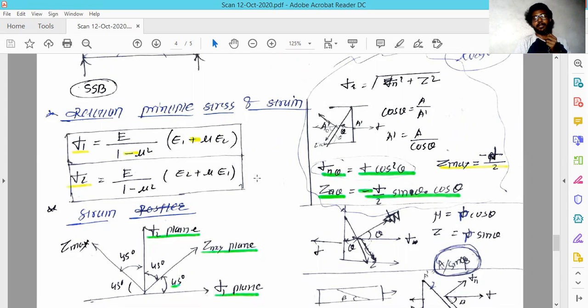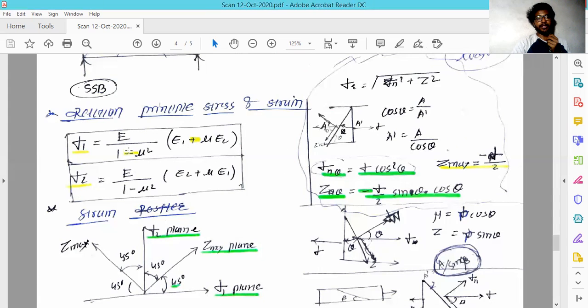From the strain we are going to find the stress value. The formula is the modulus of elasticity divided by 1 minus mu square, times the principal strain plus the minor principal strain multiplied by mu.